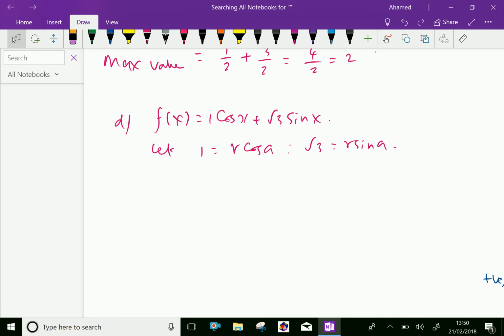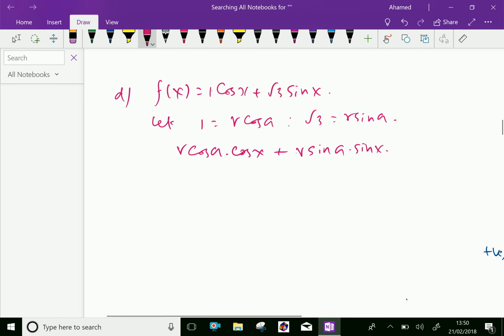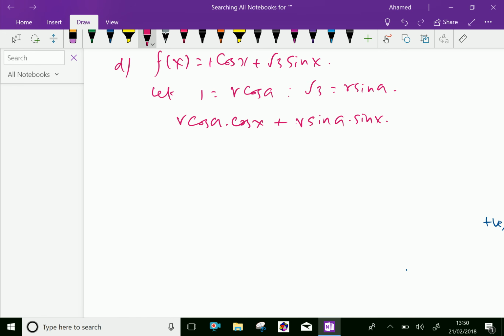Now instead of 1 we can write r cos a into cos x plus r sin a into sin x. We can write cos x cos a plus sin x sin a, r is common, so cos of (x minus a), by the cos(A minus B) formula.